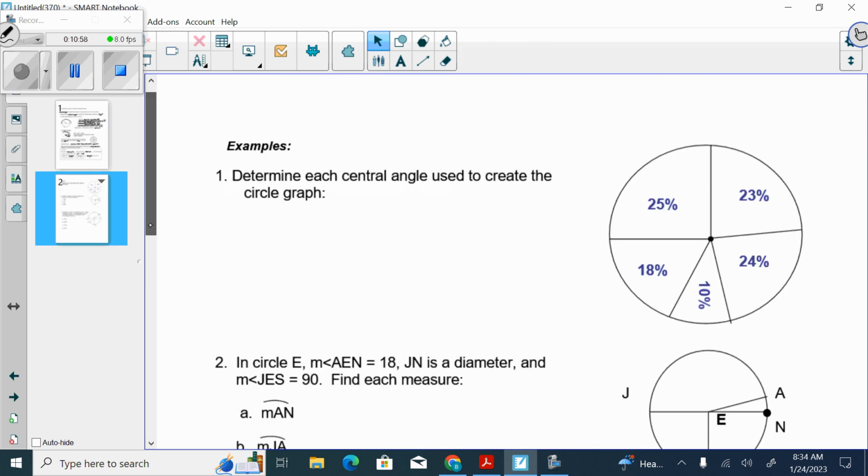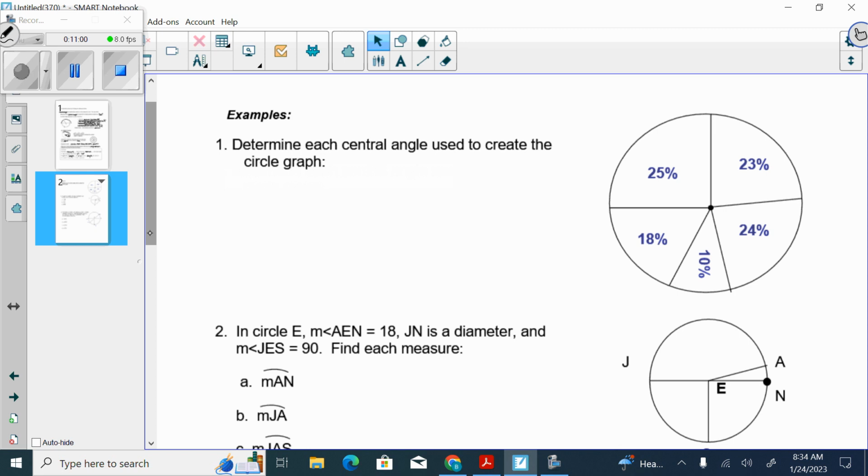All right, so the first thing they ask us to do is to determine each central angle that would be used to create this circle graph. Currently it's split into percentages, right? A percent is out of how many? 100, right? So if I have 25%, that is the ratio of 25 out of 100, and I'm looking for how many degrees that 25% is in the entire circle.